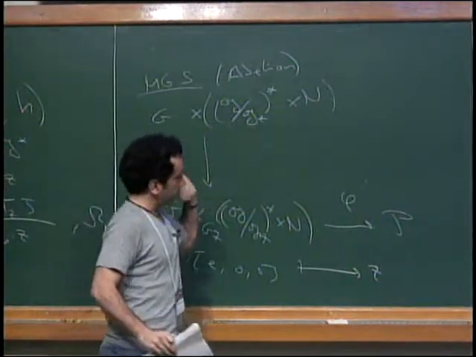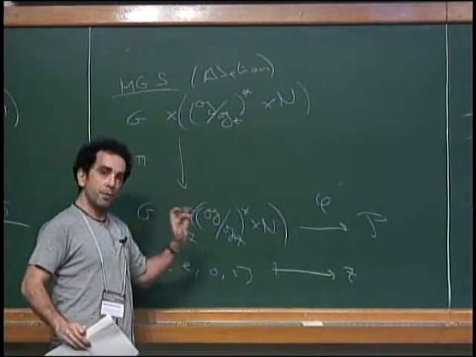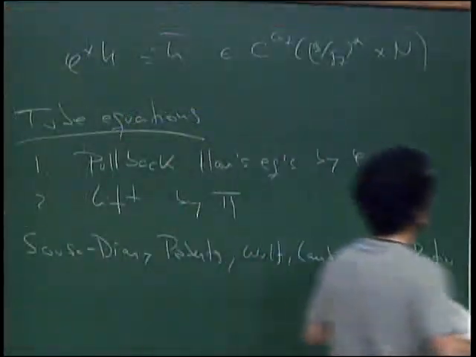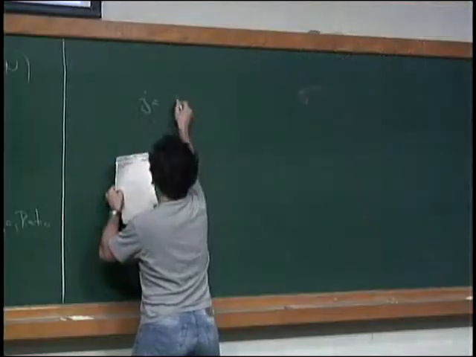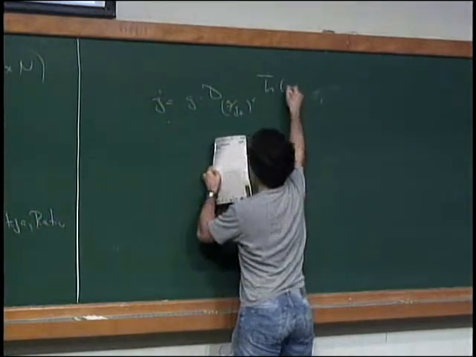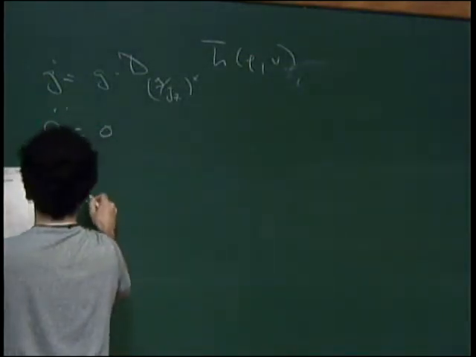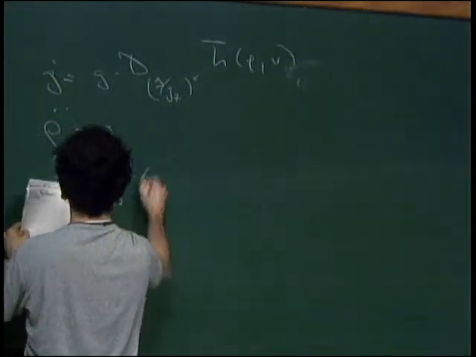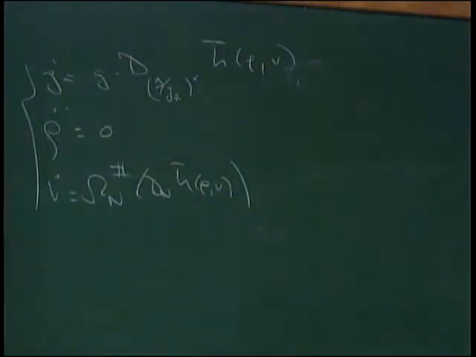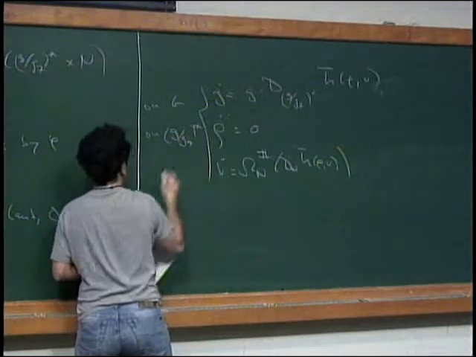So they choose to pull back the Hamiltonian vector field from here to here, and then give the differential equations for one lift, one special choice of the lift. And these equations are the following. So this is on G, this is on G times GZ star, and this is on N.